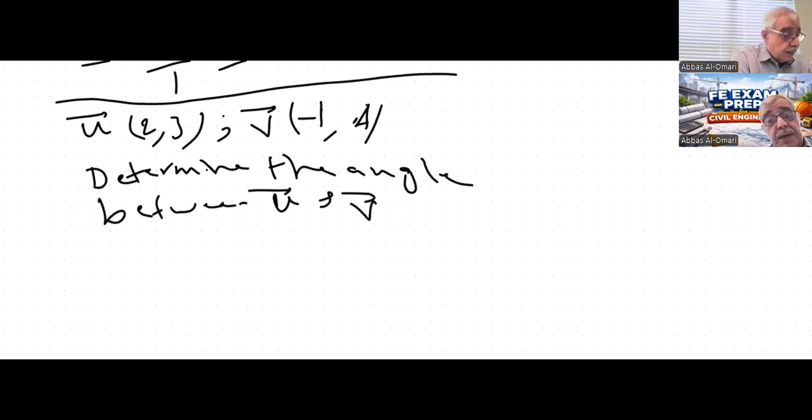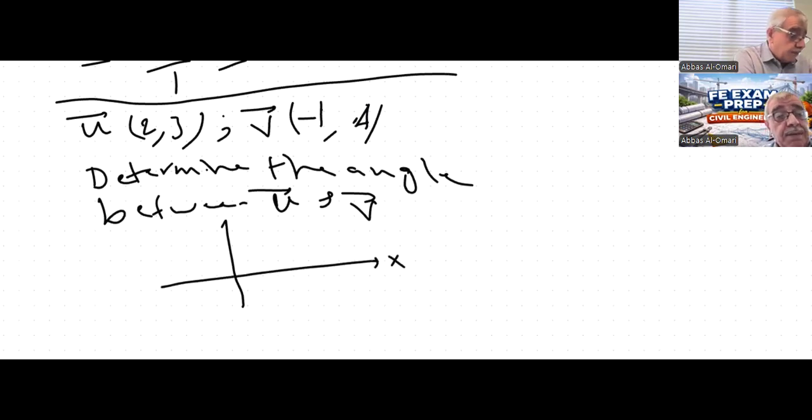Now, if you want to plot this in the Cartesian coordinates, it is something like this. This is the x and this is the y. So u is 2 and 3, this is 2 in x and 3 in y, so something like this.